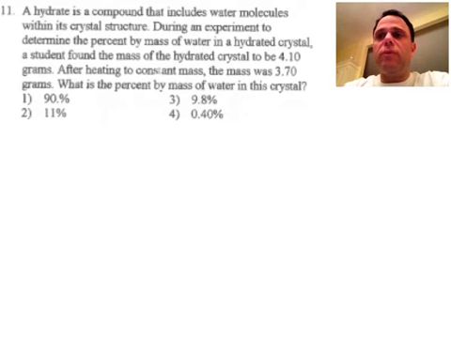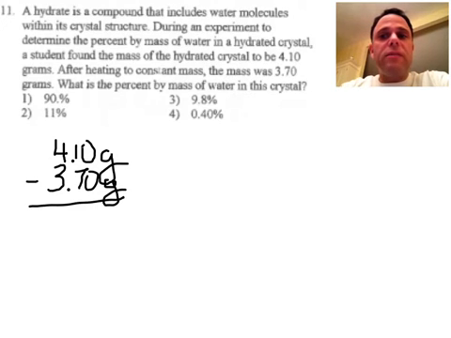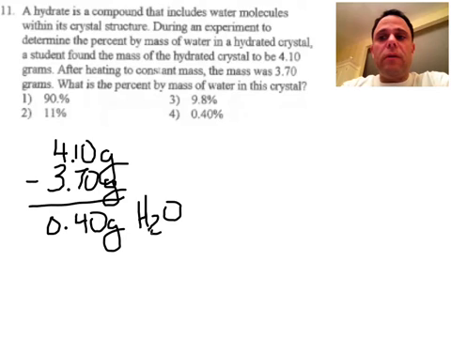Well, let's consider a few things. The entire mass was 4.10 grams. After the water was removed, it was 3.70 grams. So the balance that is missing must have been the water, 0.40 grams of water. They want to know what percentage of the original substance, the hydrate, was water.